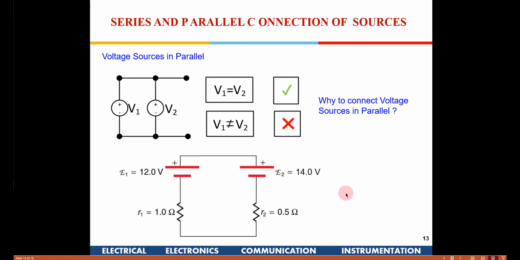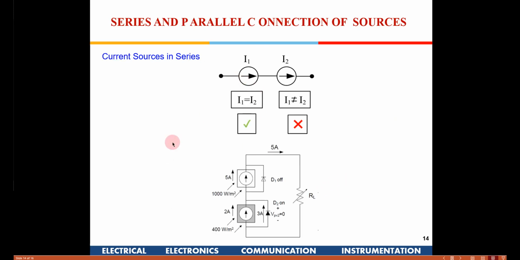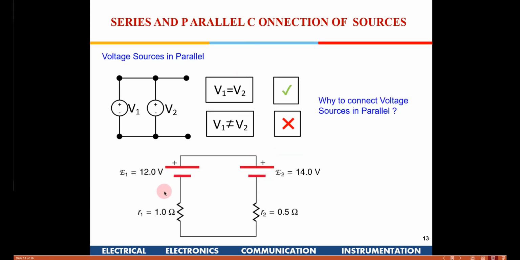Sir, you said that the battery will get charged. How will it be charged? Like 13.5 volts? Yes, although the rated voltage is 12 volts, a fully charged battery initially will have slightly more than 12 volts.